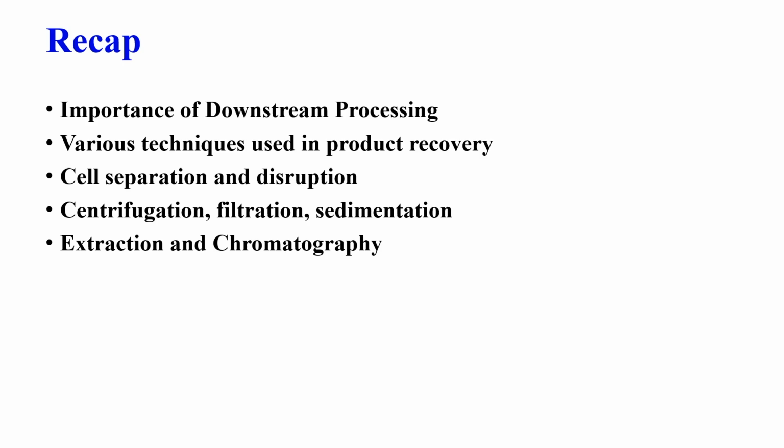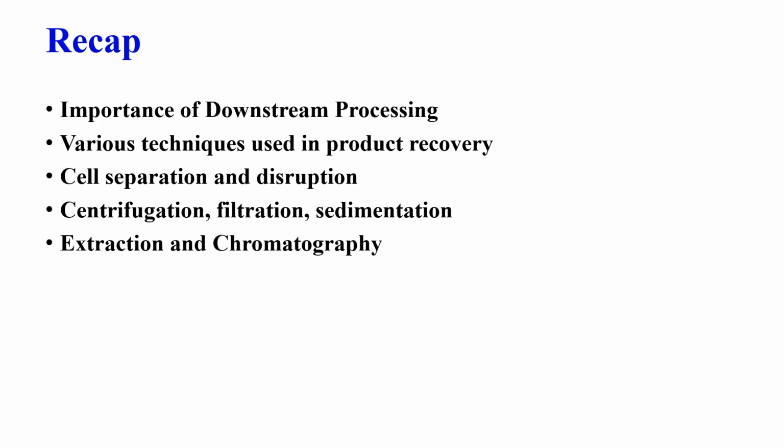In mechanical methods we apply shear forces; in non-mechanical methods we apply different chemicals, detergents, and even enzymes to break the cell wall so that the internal material can be released. Then after disruption, we have to separate the cell debris, and then go for the first isolation step.